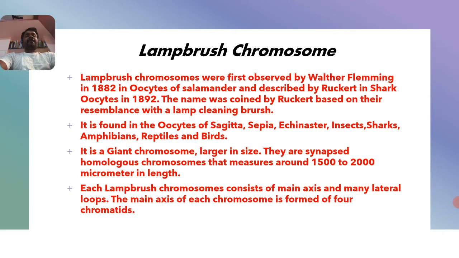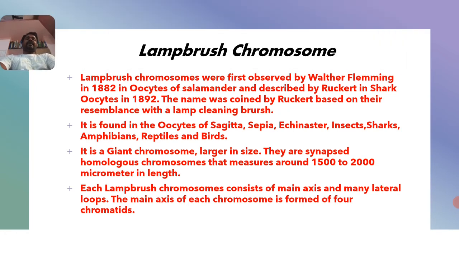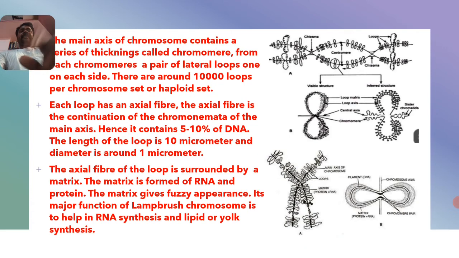The 4 chromatids condense to form the main axis. The main axis of the chromosome contains a series of thickenings called chromomeres.